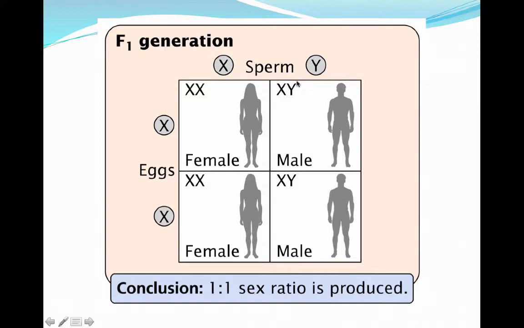The male contribution is either an X or a Y, but the female contribution is always an X. That's why we get a 1-to-1 sex ratio, or 50% female, 50% male, with most animal and plant species.